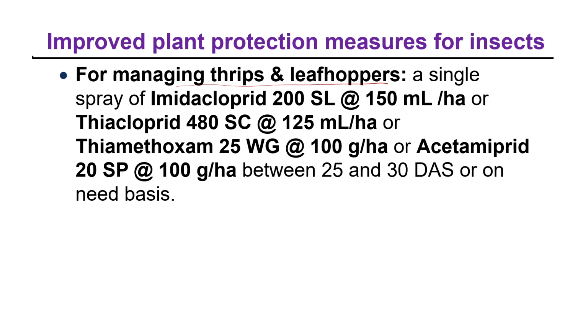A single spray of imidacloprid 20 SL at the rate of 150 ml per hectare, or another option is thiacloprid 480 SC at the rate of 125 ml per hectare, or thiamethoxam 25 WG at the rate of 100 gram per hectare, or acetamiprid 20 SP at the rate of 100 gram per hectare between 25 and 30 days after sowing or on need basis.